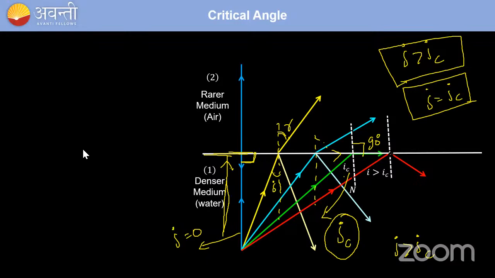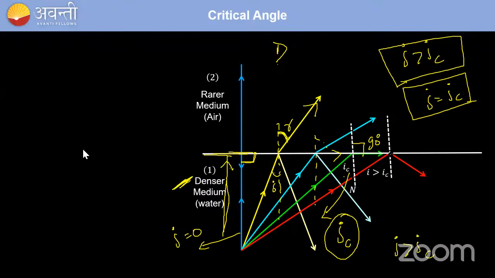Now for total internal reflection to happen, what should be the conditions? The very first condition is that the ray of light should travel from denser to rarer media, because only then will the angle of refraction increase with the angle of incidence increasing. Only if it is going from denser to rarer will the refracted ray bend away from the normal and have a chance of increasing.